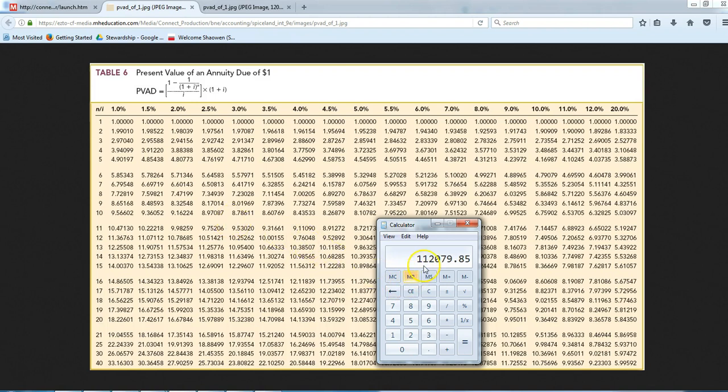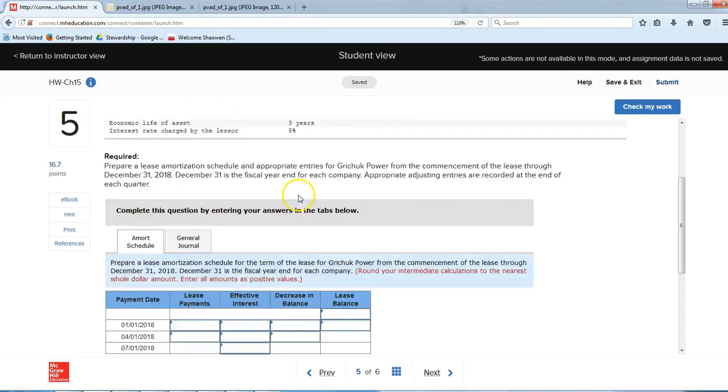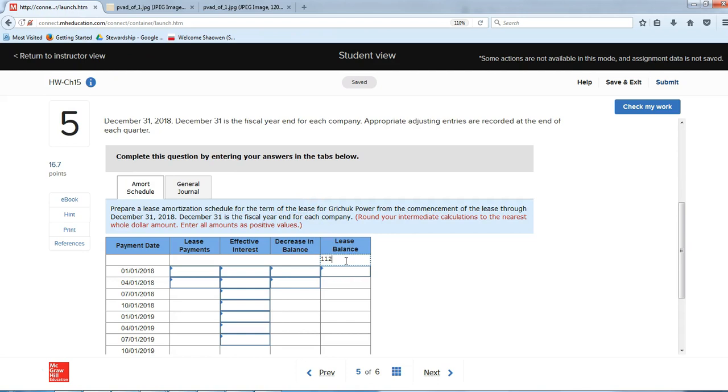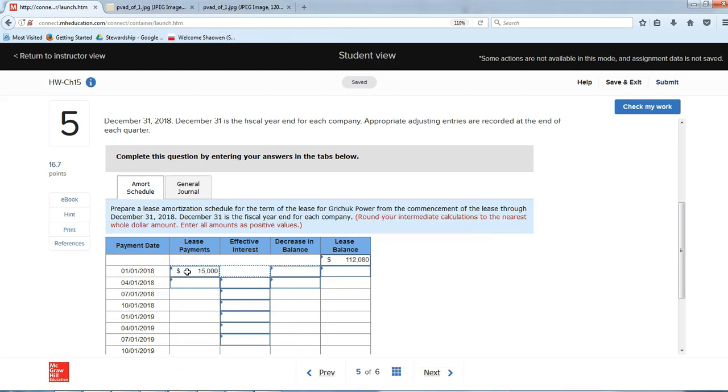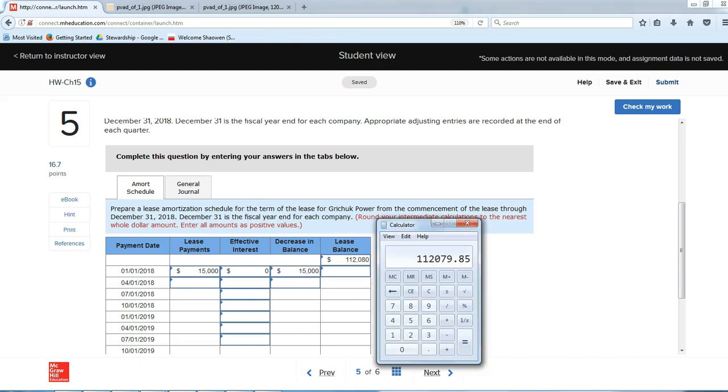So the lessee's outstanding balance will start from $112,080. On the same date, the lessee pays rental payment. There is no interest accumulated, so the difference is still $15,000, which reduces the outstanding balance by $15,000.